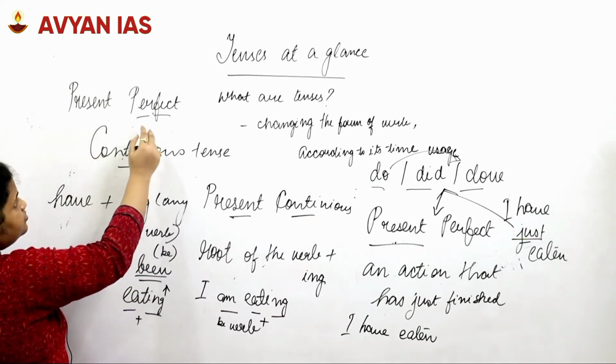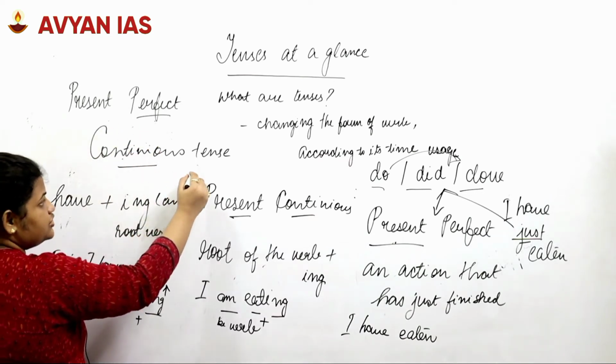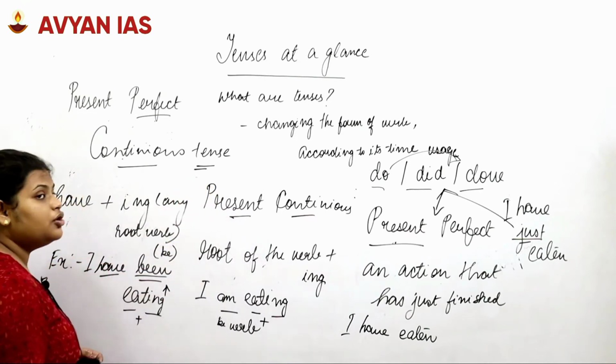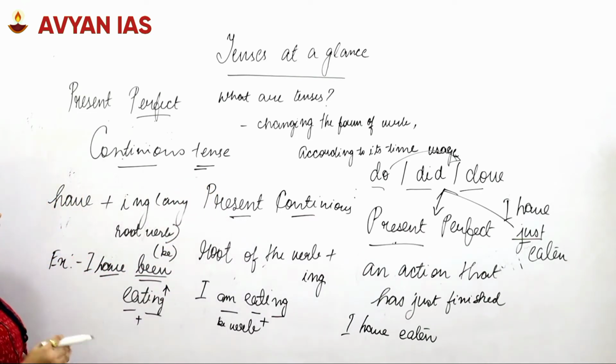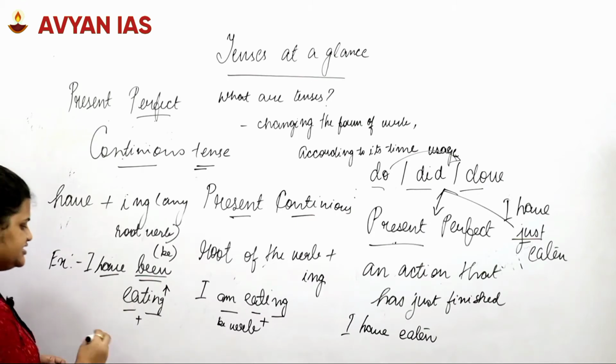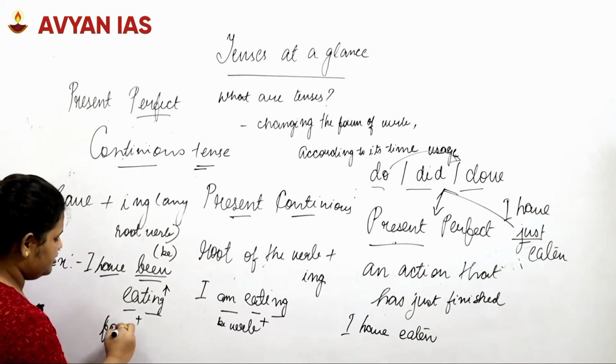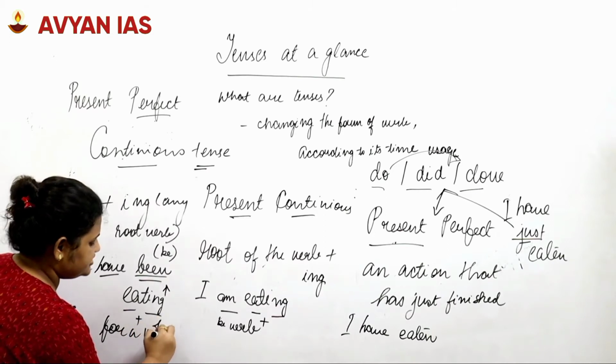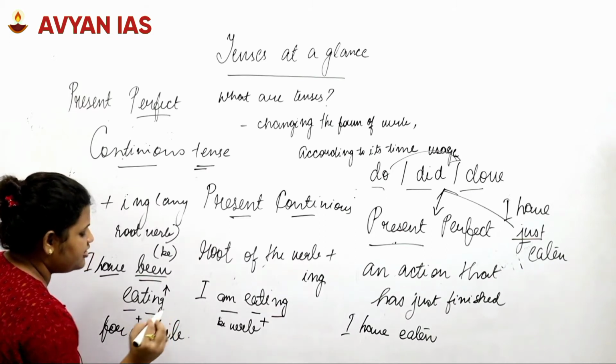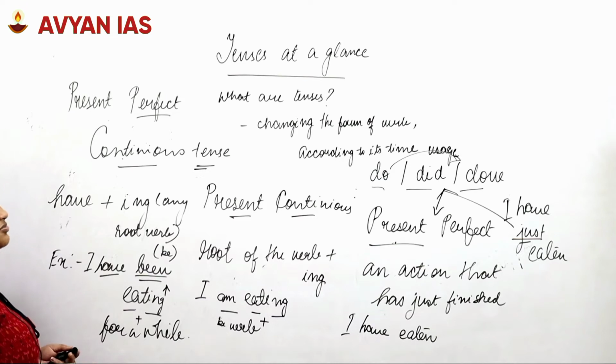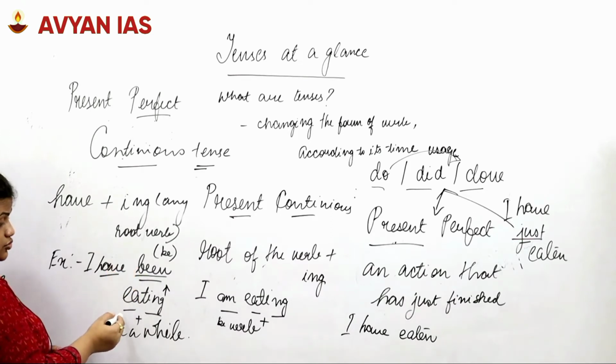So the present perfect continuous means it would indicate towards the action which has been continuing for a certain point of time. That is, I have been eating for a while. To make the sentence even more clear, when you say I have been eating for a while, it means maybe you have been eating for 5 minutes, 10 minutes or 15 minutes and the action is still continuing.